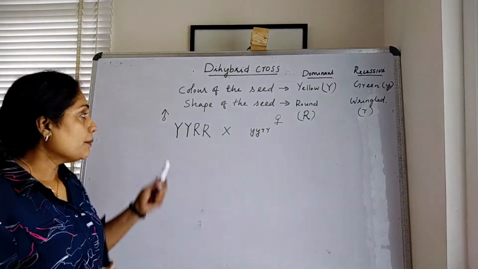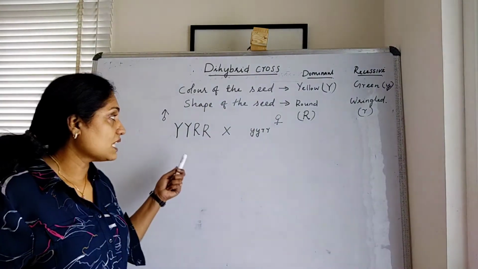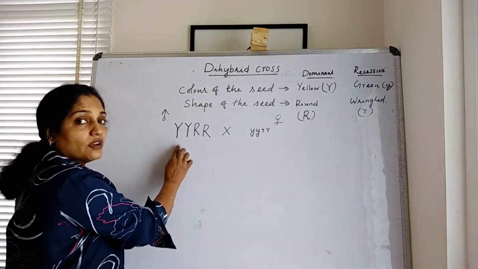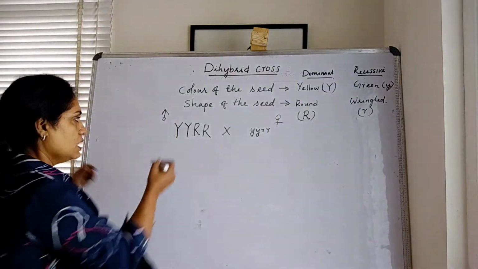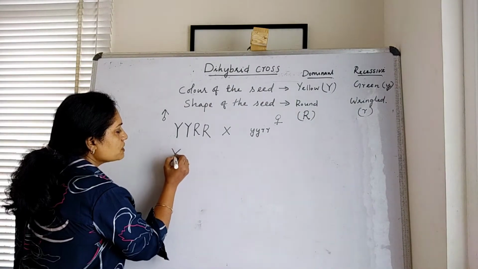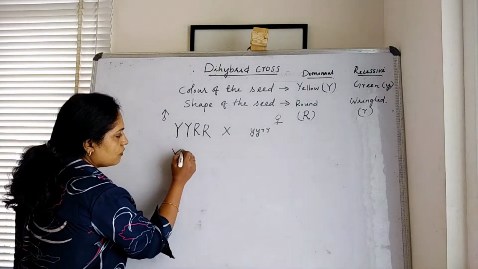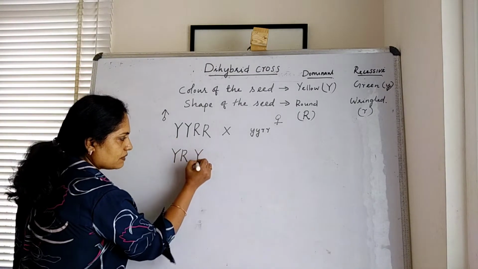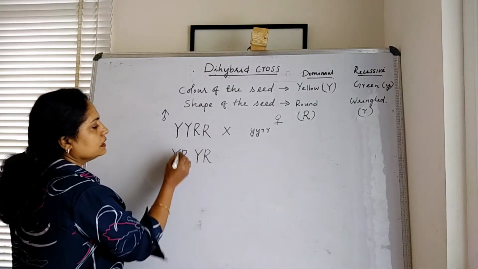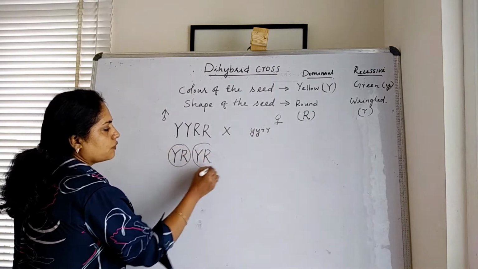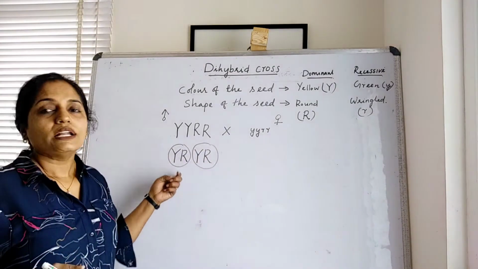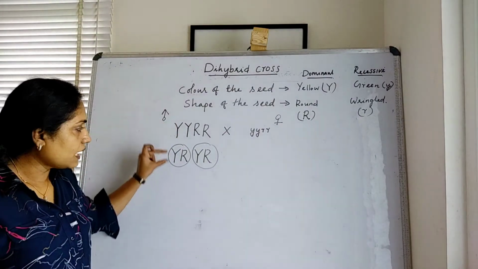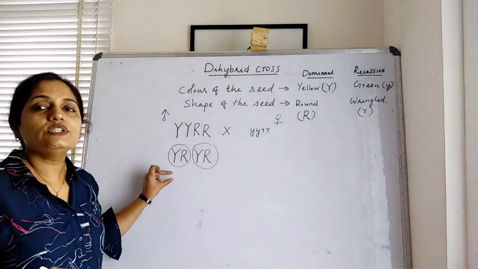So here gametes are formed. While gametes are formed from each gene pair, one variant will transfer into the gamete. So here gamete forms are capital Y and capital R, and another, same chance, capital Y and capital R. These are the gametes formed. In gametes, for each pair of characteristic only one allele moves into the gamete.